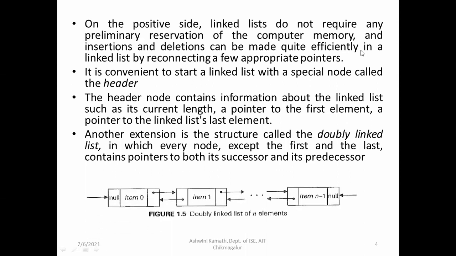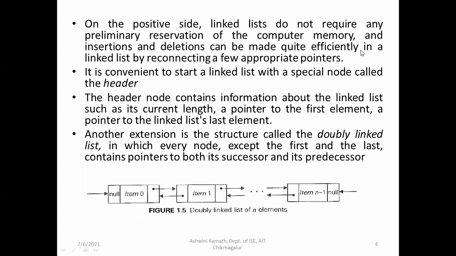So this is the example for a doubly linked list. You can notice item 0, item 1, and so on up to item n minus 1. The first node will not have any previous node, so its previous address part will be null, and the next address part will have the address of the next node.